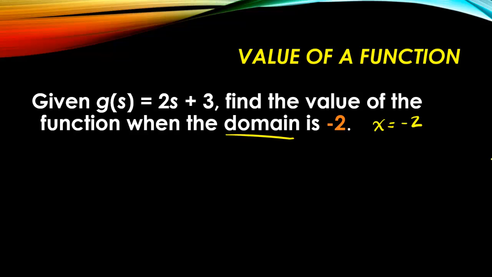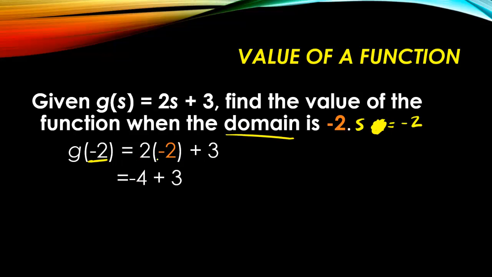So that's like saying g of negative 2 equals 2 times negative 2, because I replaced the s with negative 2, plus 3. 2 times negative 2 is negative 4. Keep the 3. And negative 4 plus 3 is negative 1. So g of negative 2 equals negative 1, or the solution is negative 1.